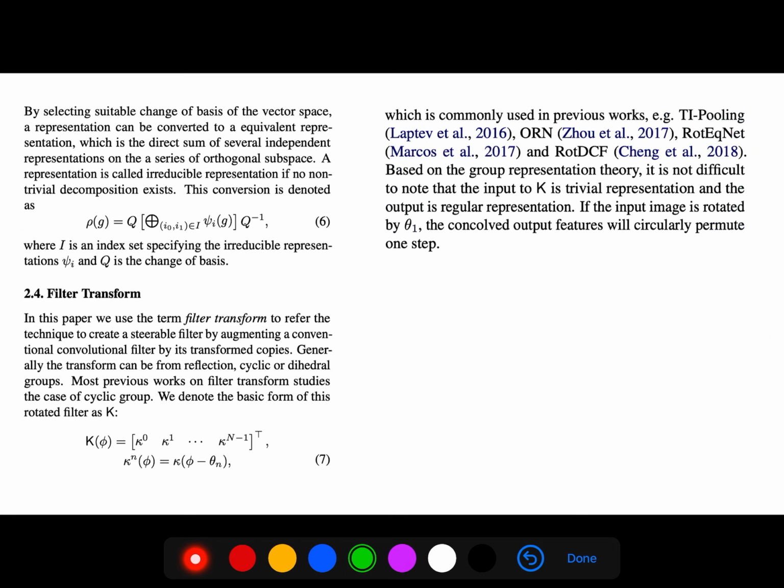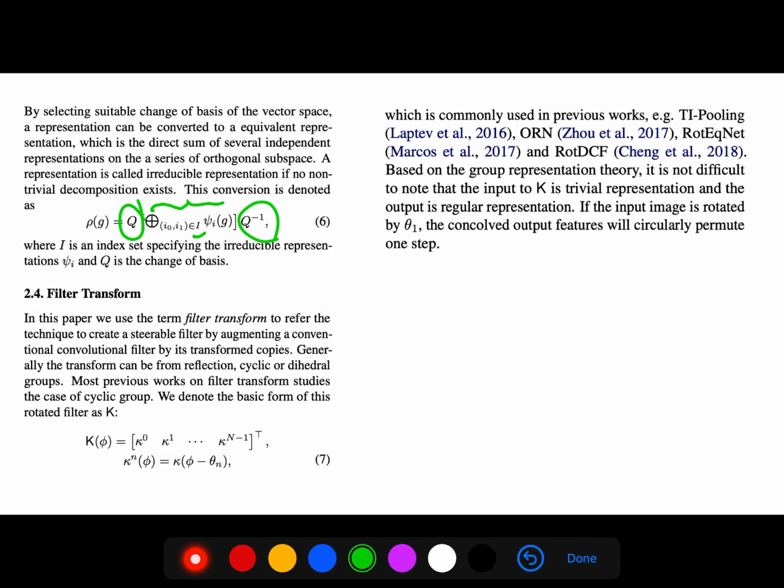And so we can always write the sum product, but it is up to Q. It's just a change of basis. That's why we say Q A Q minus 1. A representation is irreducible if no non-trivial decomposition exists. And I here is the index set specifying irreducible representations.